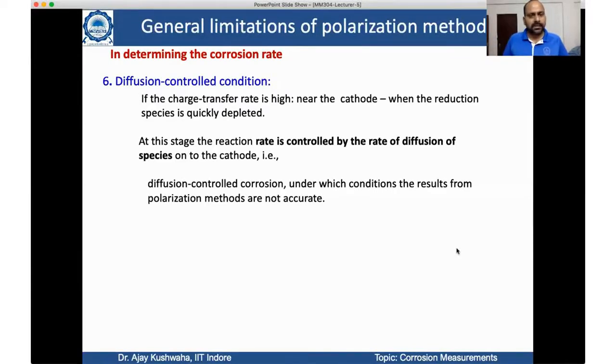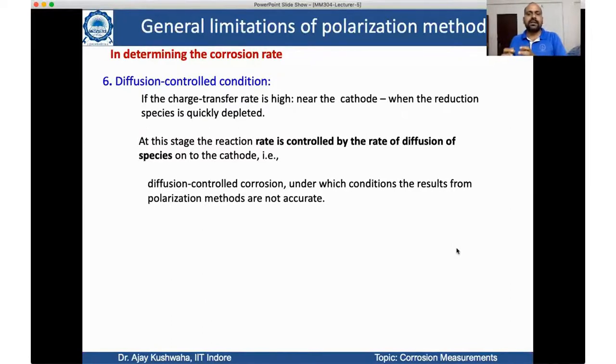Next, diffusion control condition. We are expecting the reaction to happen due to the corrosion of the electrode, but sometimes it is happening at the cathode side. We have some ions in an equilibrium condition, and due to the corrosion we observe the current.